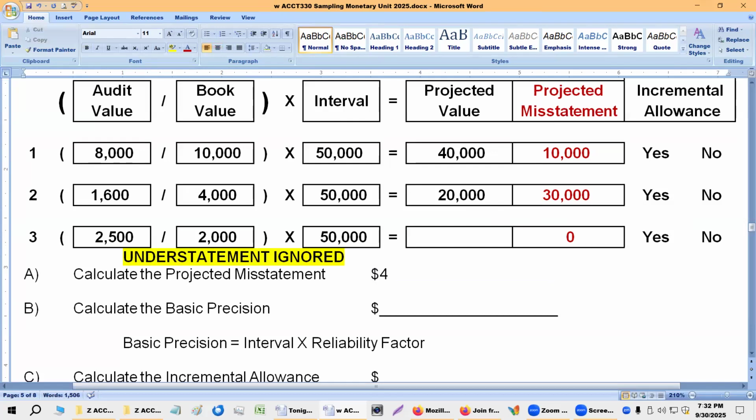So was it 40,000? So this is our projected misstatement.